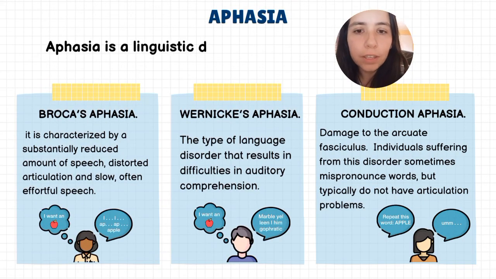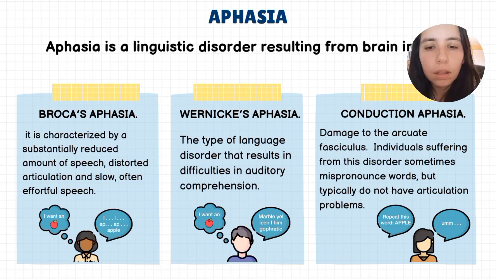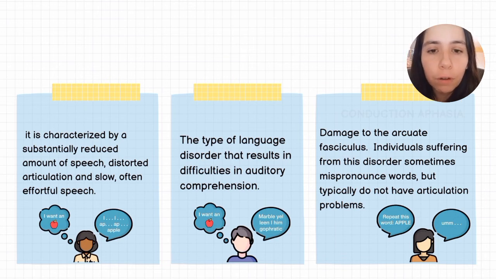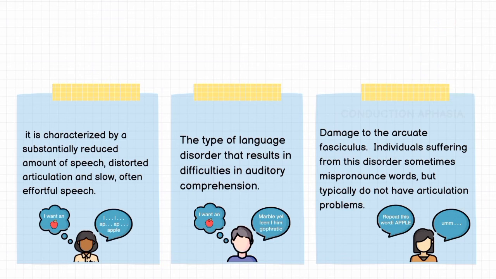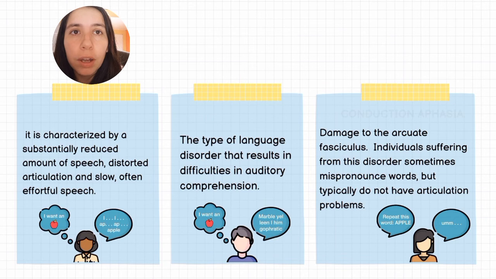And what is aphasia? Aphasia is a linguistic disorder related to brain injury. According to the area or specific part of the brain that is damaged, we have three types of aphasia. In Broca's aphasia, the damage is in Broca's area and is characterized by a reduced amount of speech.